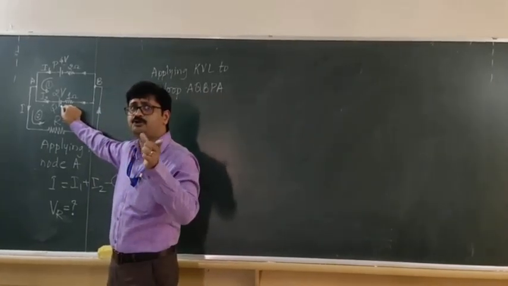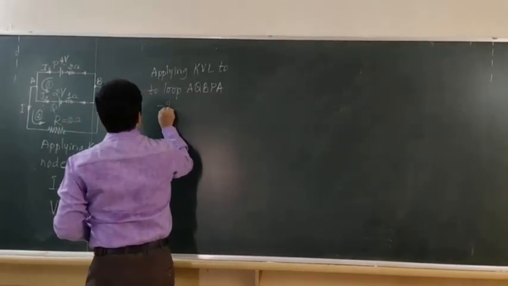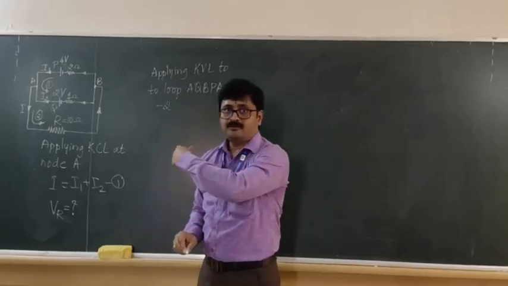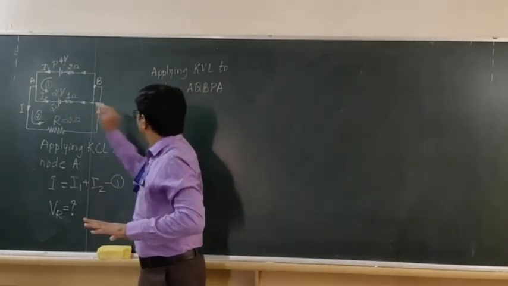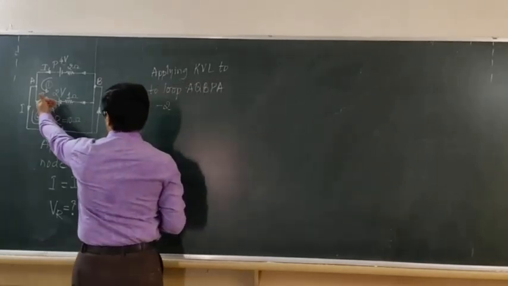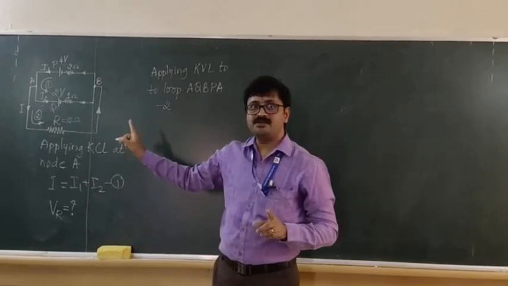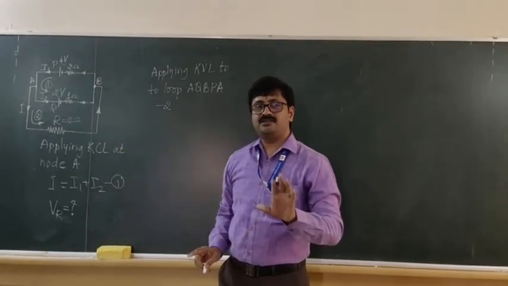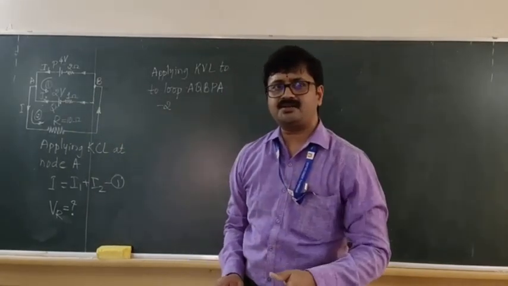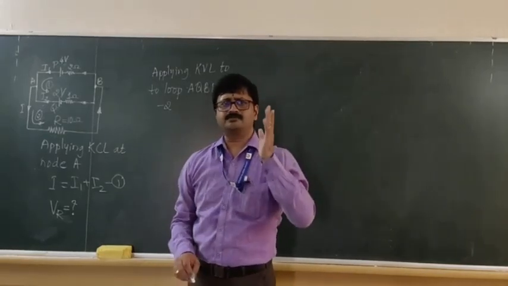That means EMF should be negative here. So hence I mentioned minus 2, since EMF is 2 volt. Then further, we encounter 1 ohm resistance here, that is internal resistance. Whether it is internal or external resistance, the rule is the rule, and that same convention should be applied.